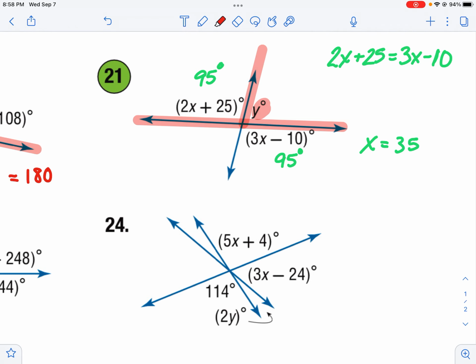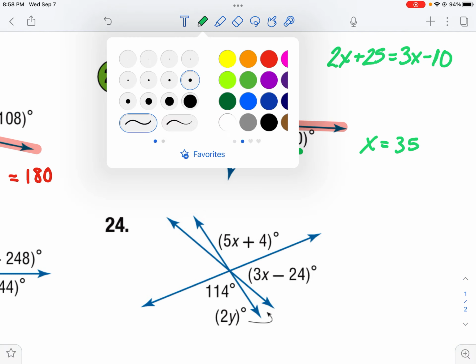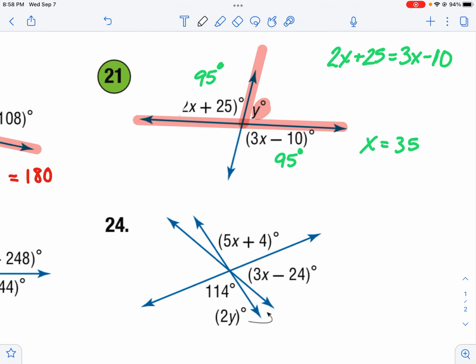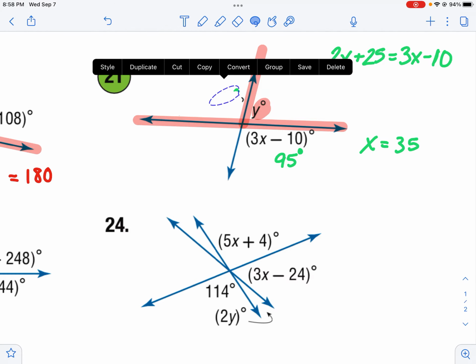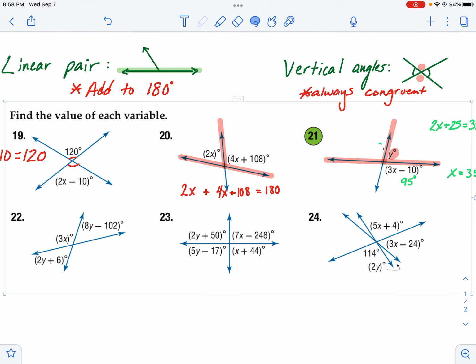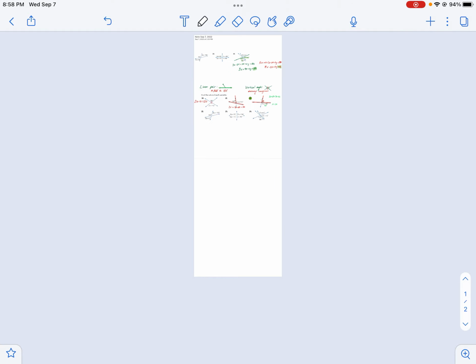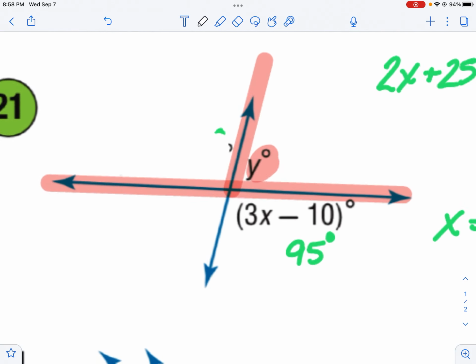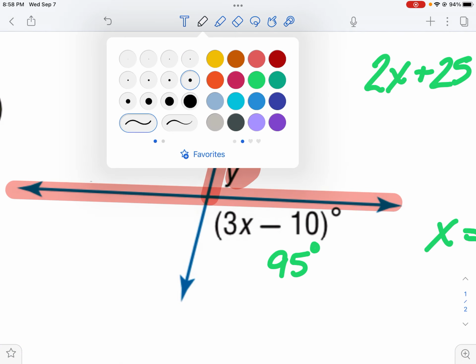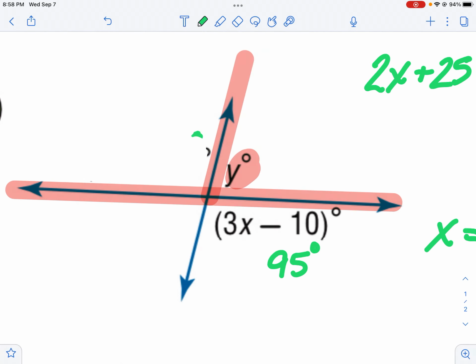But hold on, I know that that's not just 2x plus 25. I found out that that's really 95 degrees.